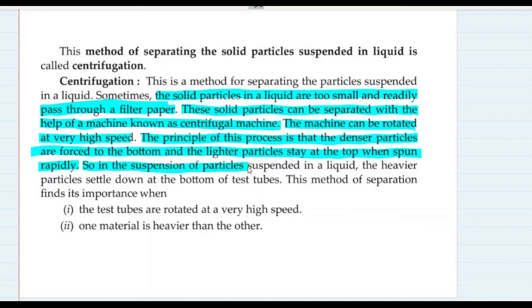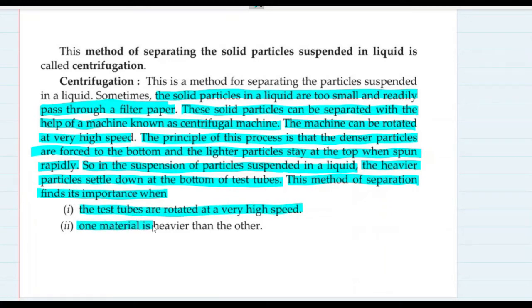In a suspension, the heavier particles settle down at the bottom of the test tubes. This method is important when one material is heavier than the other.